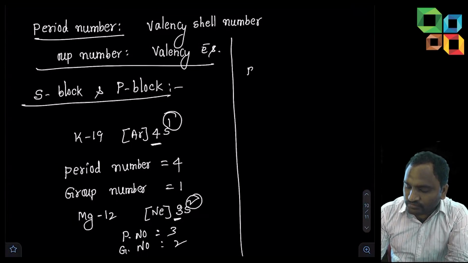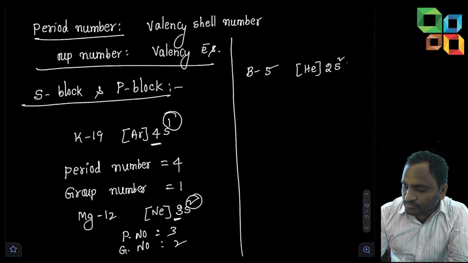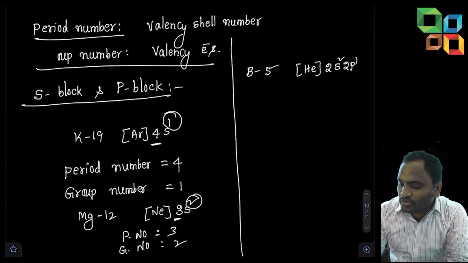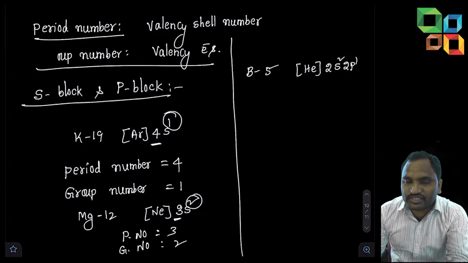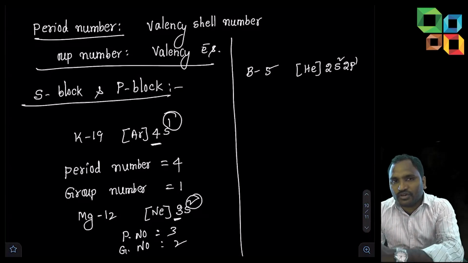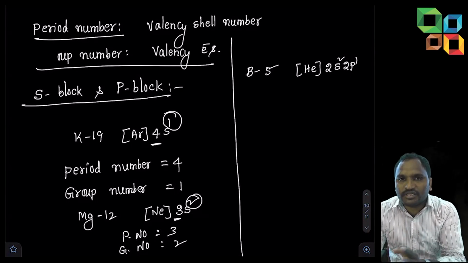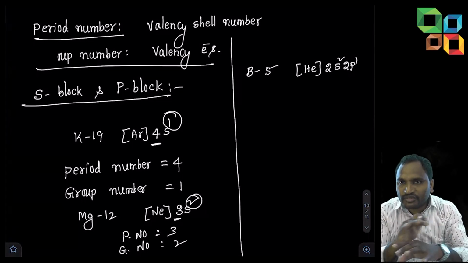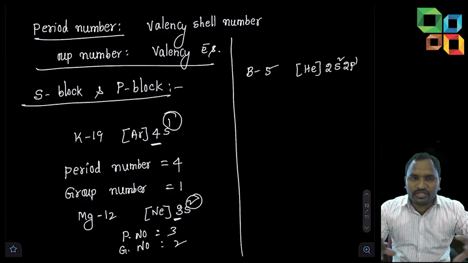Suppose here boron, atomic number 5. Helium, 2 electrons will be covered. 2s2, 2p1. Here you don't write group number 3, students. If the element belongs to P block, 10 plus 3, because 10 groups of the D block are there in the middle.